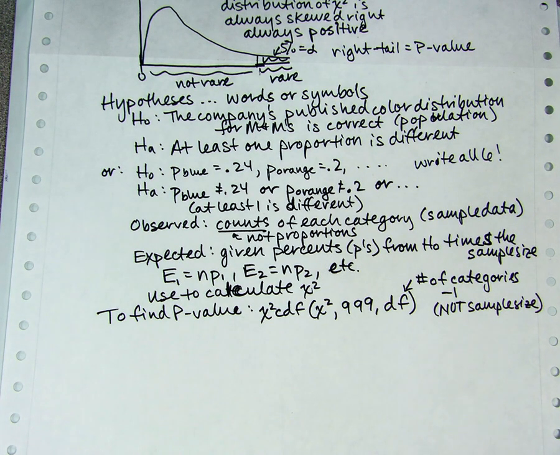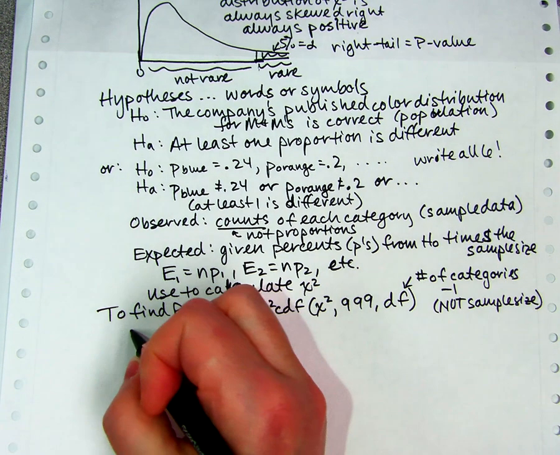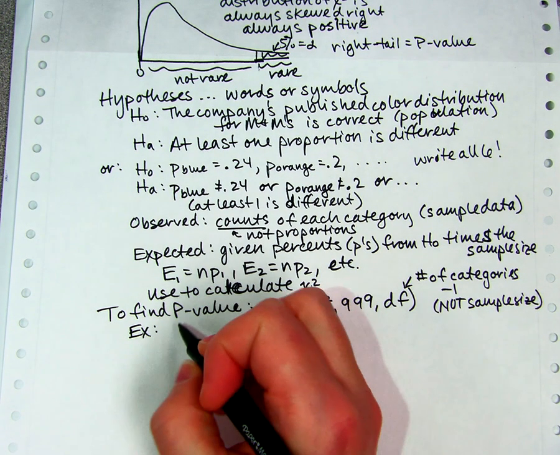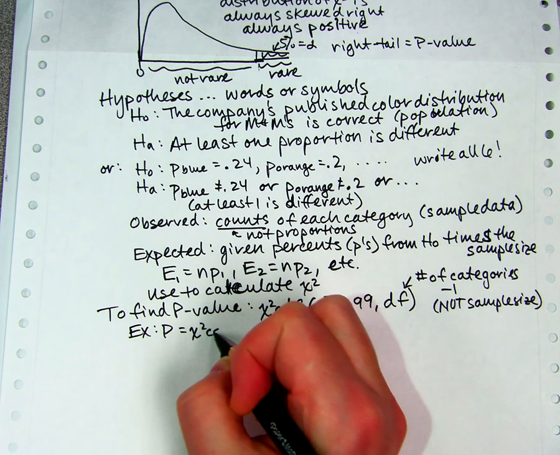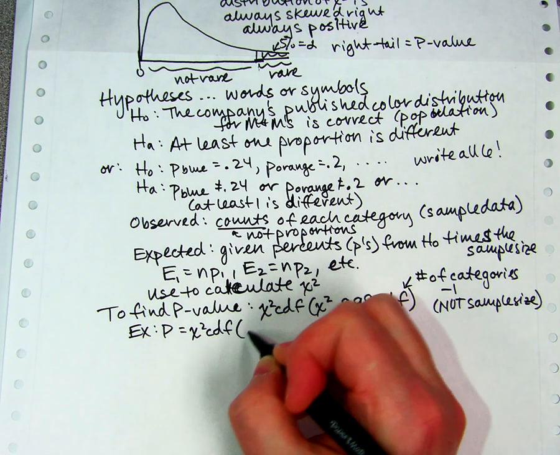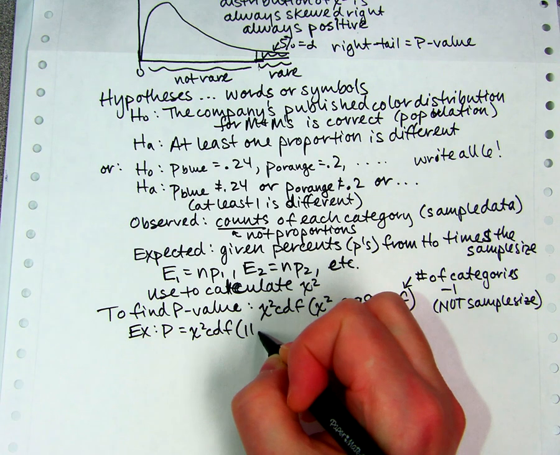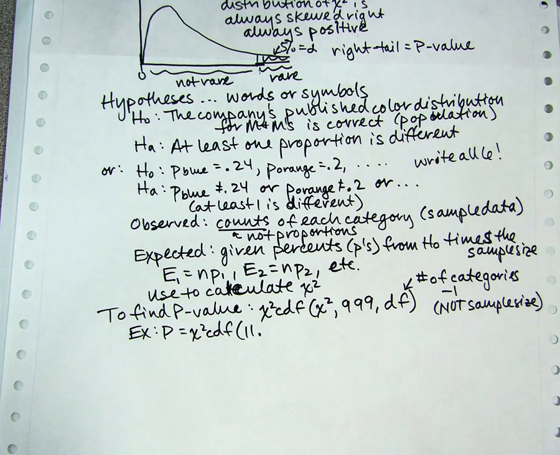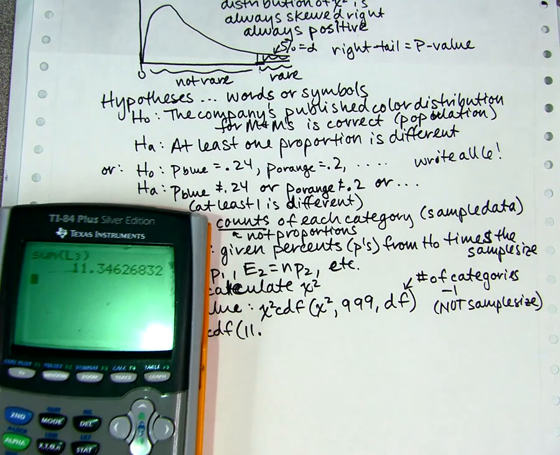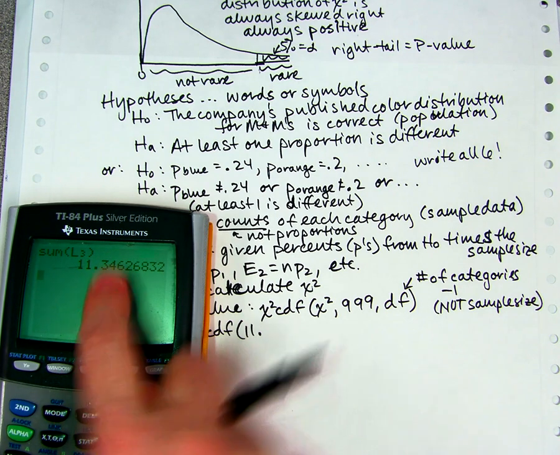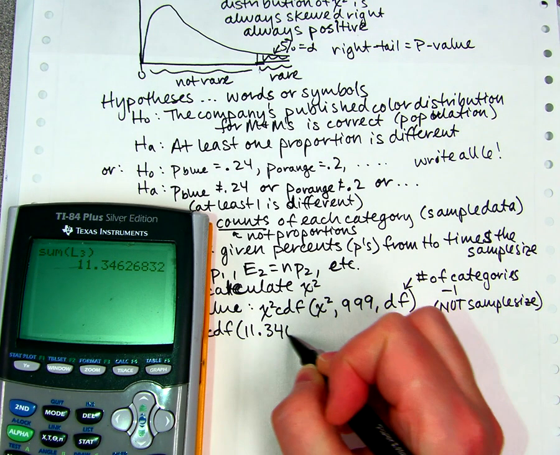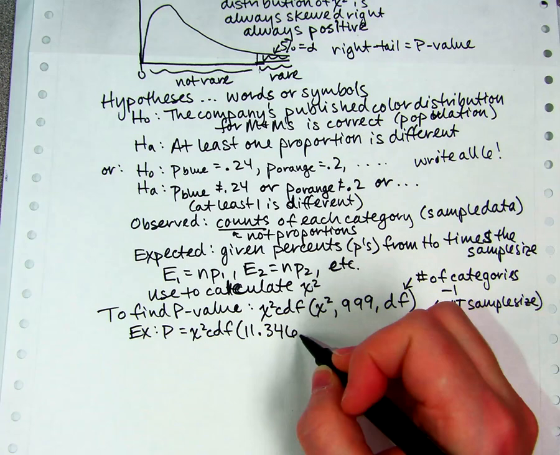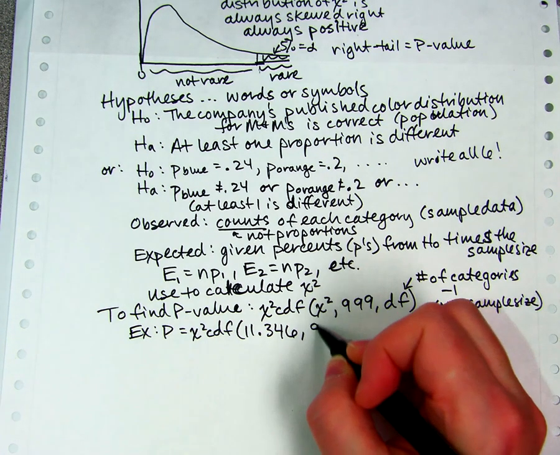And so you can do that with, I'll just continue the M&Ms example. So I'm going to use last year's data since I haven't done this year's data yet. I'm going to use the chi-squared that we got last year, which is the 11.346 from the example I did up above, and it's on my calculator still because that's what I used. 999.